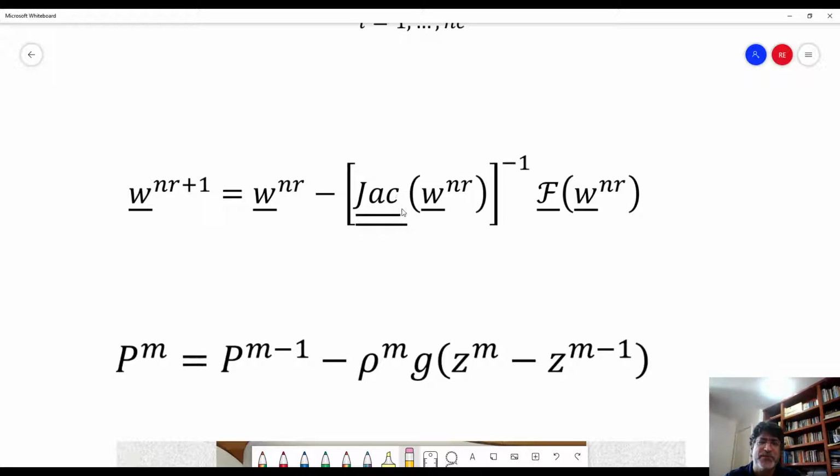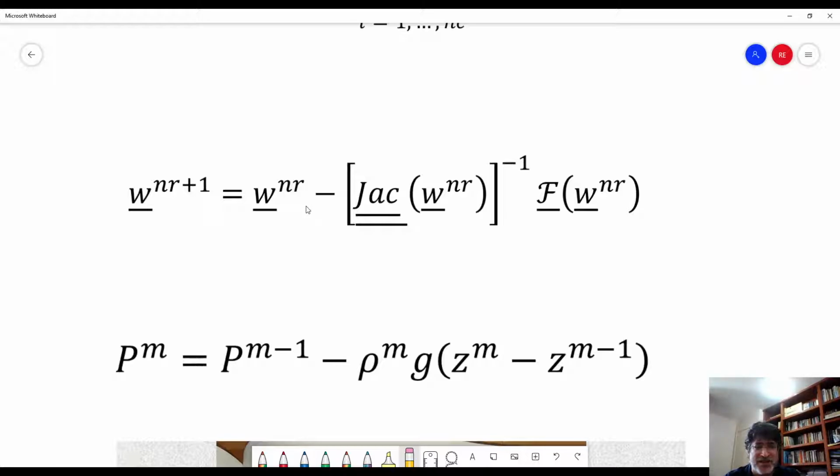Suppose you have the initial guesses for the compositions, the mass fractions, and pressure. You have the temperature field, so you have temperature, pressure, and composition.